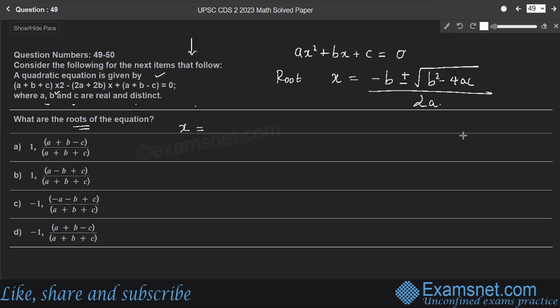So b, the coefficient of x, is minus of 2a plus 2b. Minus b, plus or minus root of b square.